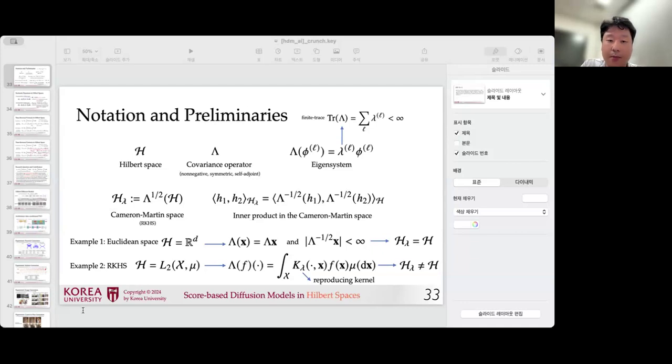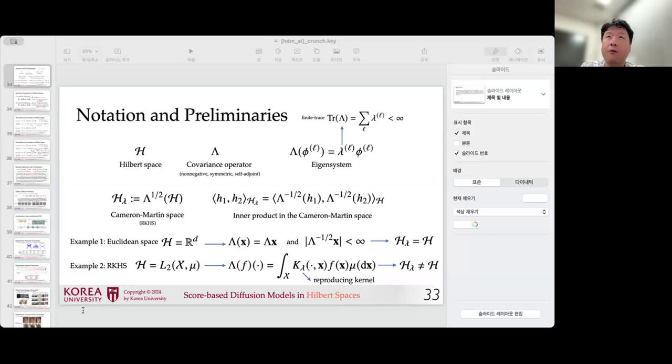This paper and our paper do have something in common: both can deal with stochastic PDEs, and it is also possible that this work can deal with generating resolution-free images, which can be the same in our case.